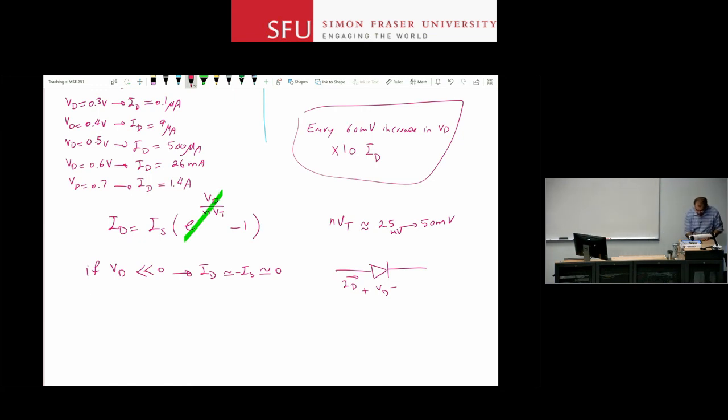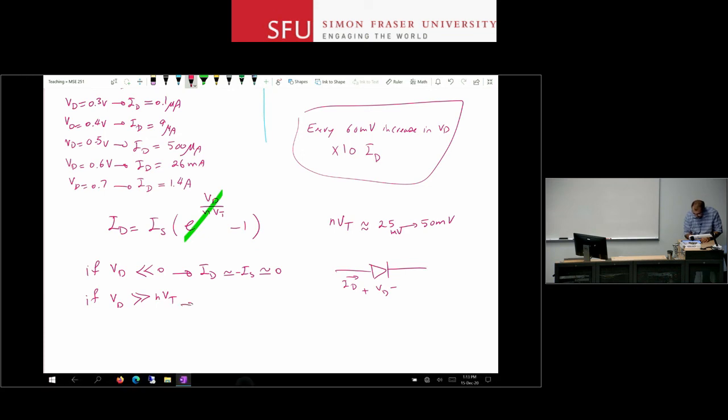If VD, on the other hand, is much larger than NVT, and I'm comparing it to NVT because in that exponent you're normalizing VD by NVT. If VD is much larger than NVT, let's say 5 times NVT, if it is 0.2 volts, 0.3 volts, so that fraction VD over NVT is a large positive number, 5, 10, 20, something like that, then that first term in that equation becomes much, much larger than 1. You can ignore 1 and simplify that equation.